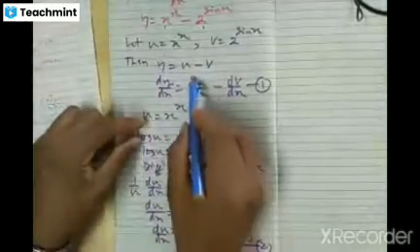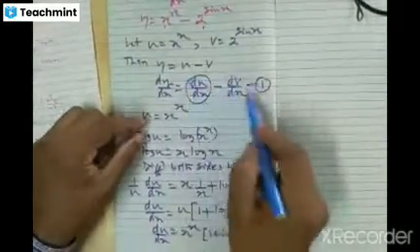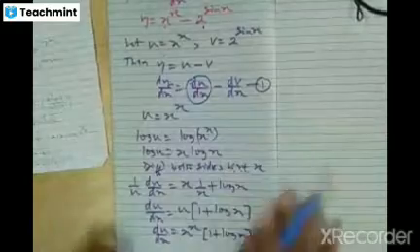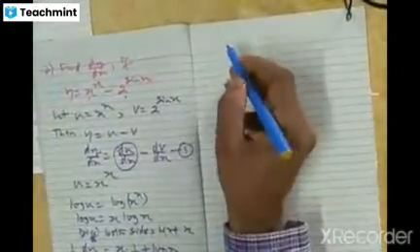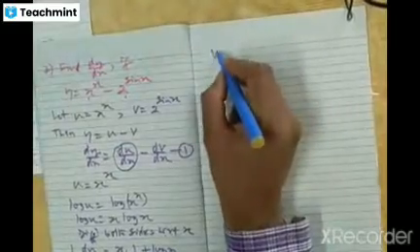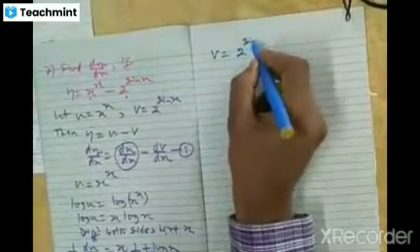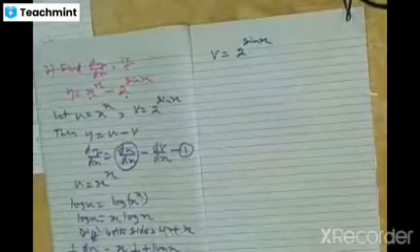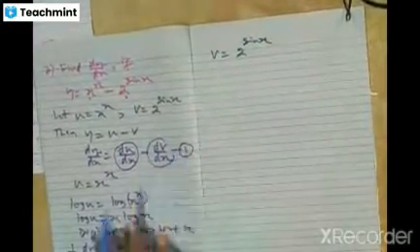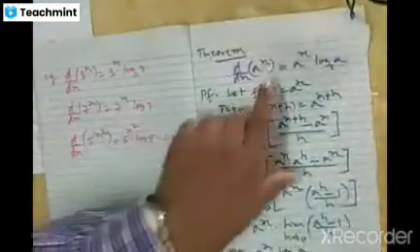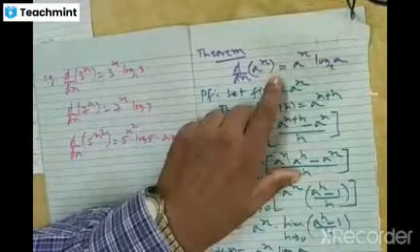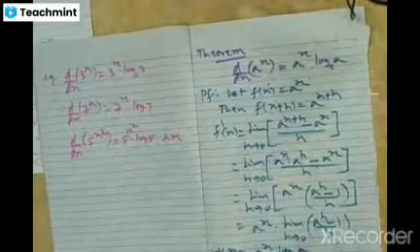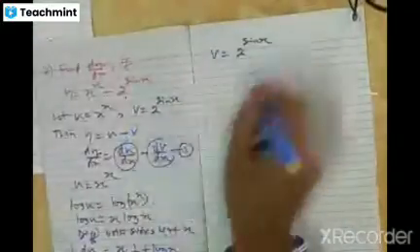We have found du by dx. Next we have to find dv by dx. For that we consider the function v is equal to 2 power sin x. Now we can find dv by dx either using this formula, or by using logarithmic differentiation.